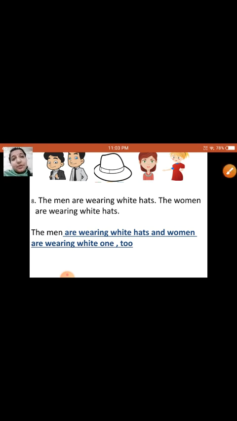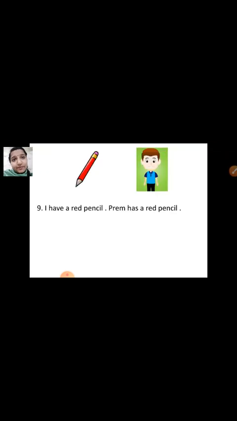Now let's come to this ninth question. Ready? One pencil and one boy, Prem. I have a red pencil. Prem has a red pencil. How are you going to connect and complete the sentence by using one?